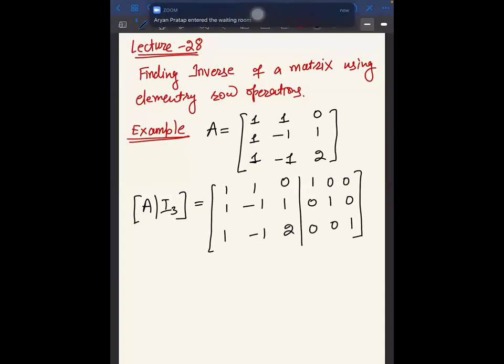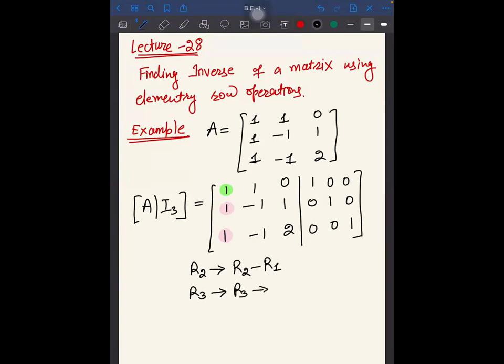Now we want to make identity over here, so that means we need zeros over here first of all, and we have leading entry 1 over here. So how are we going to get the zeros? Of course, we'll implement row operations on R2 and on R3. So that's how we can get this.